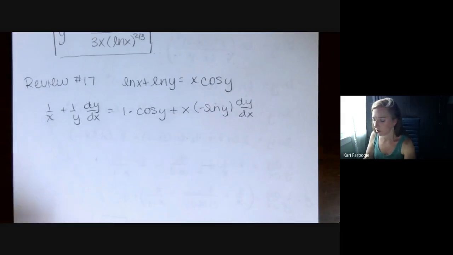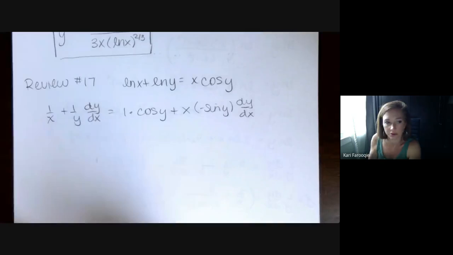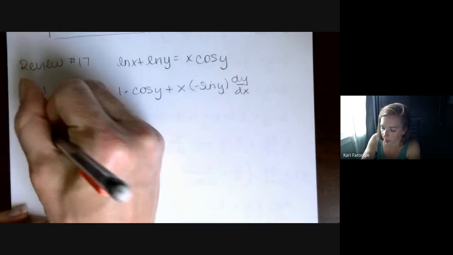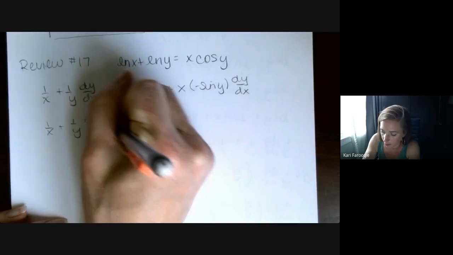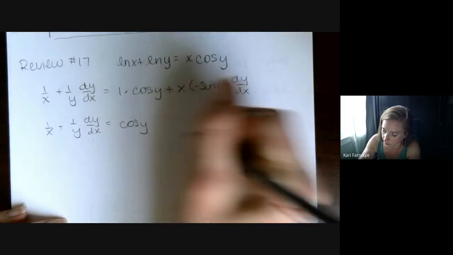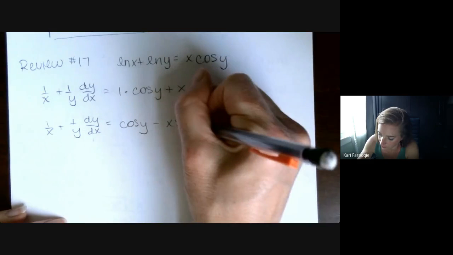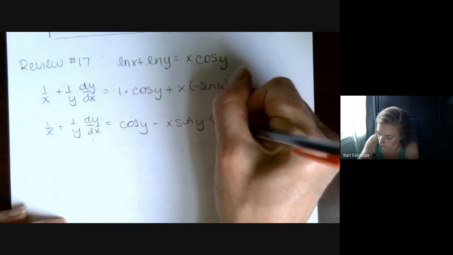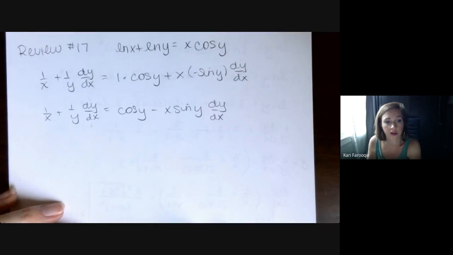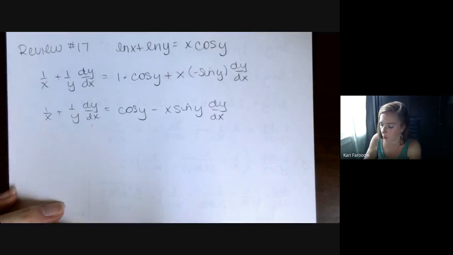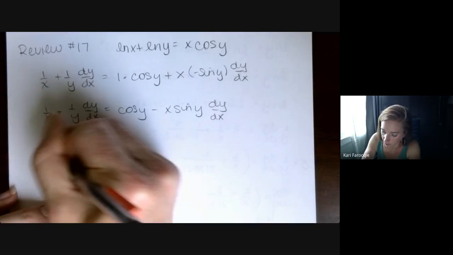Okay, so now we'll simplify the right-hand side because it just doesn't look great right now, but not a whole ton to do to it. Now we're going to move all the dy dx's to one side. So I'll probably just move them to the left.